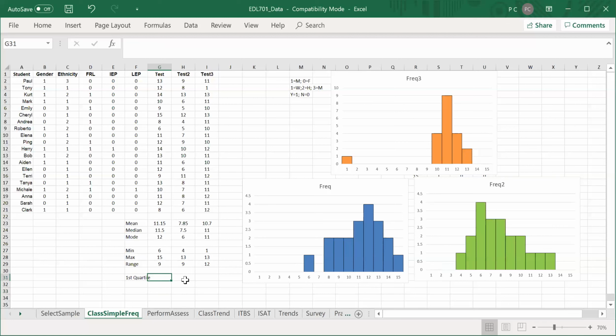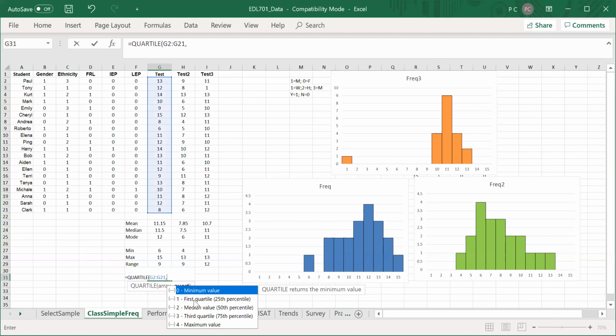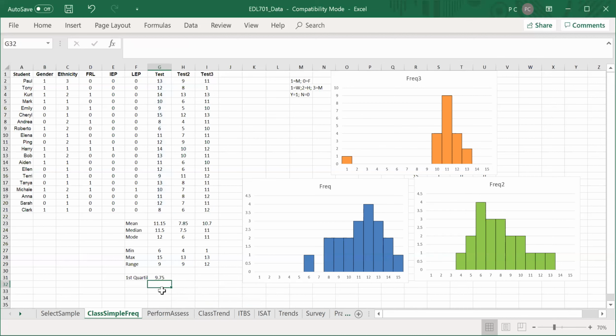The first quartile in Excel is this quartile function. If you double click, you get your data in. You will be prompted, and you just put 1. That will give you the first quartile. To get the third quartile, the process is similar.